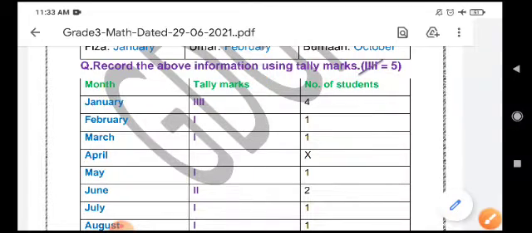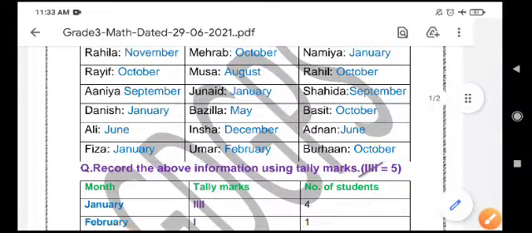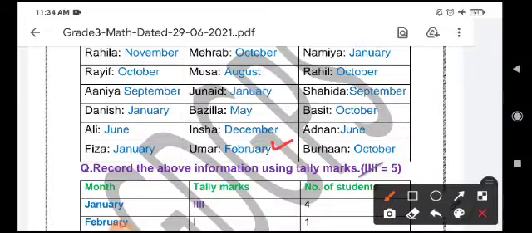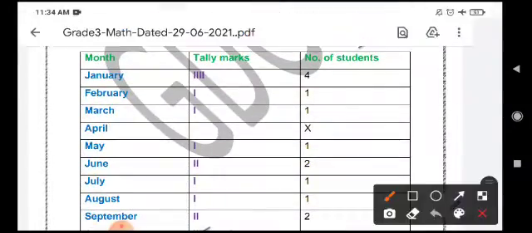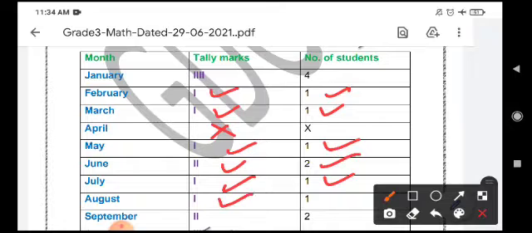Now in the month of February you are having only 1. So you will draw 1 tally mark as I have drawn here, and you will write 1. Similarly, in the month of March, 1. In the month of April, no student is having the birthday, and in the month of May, 1. In the month of June, 2. In the month of July, 1. And in the month of August, 1.